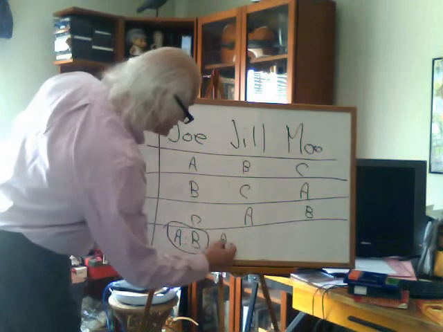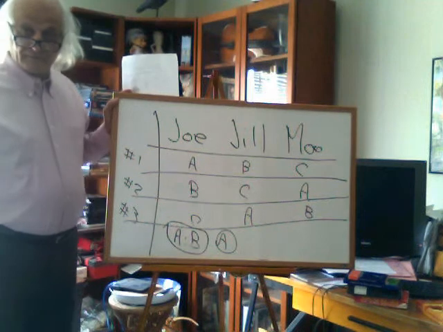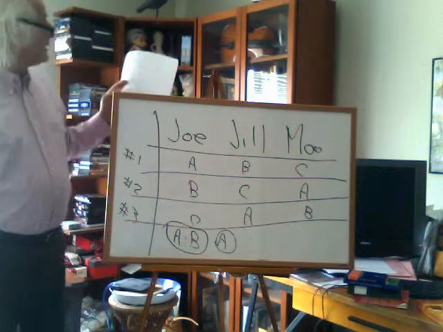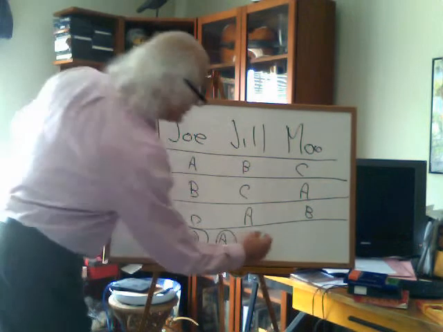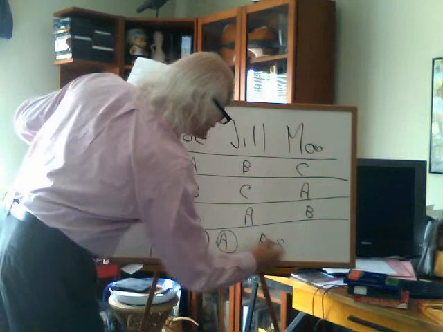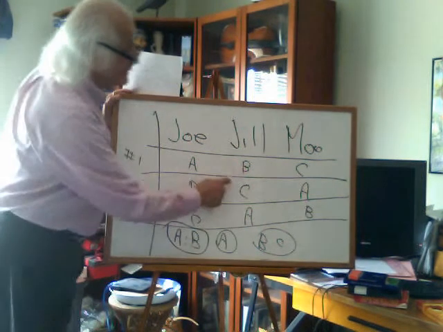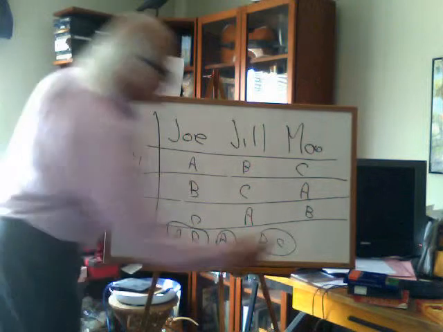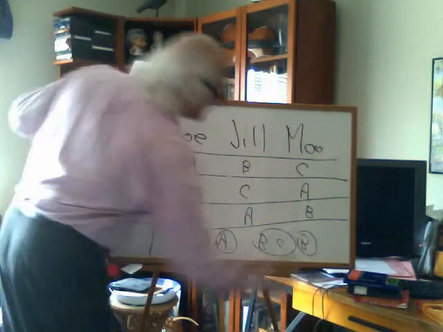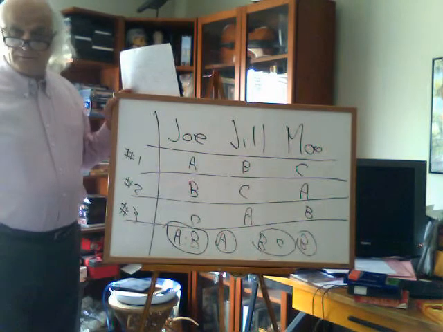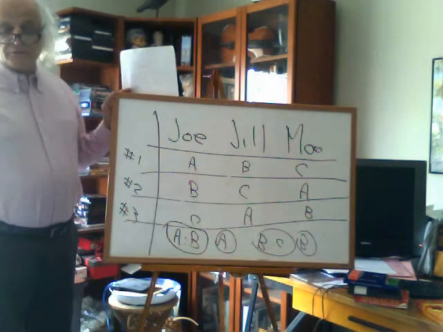So A wins, right? Fine. The second one, let me do right now, B relative to C. B, B, and here it loses, so B wins. Right?